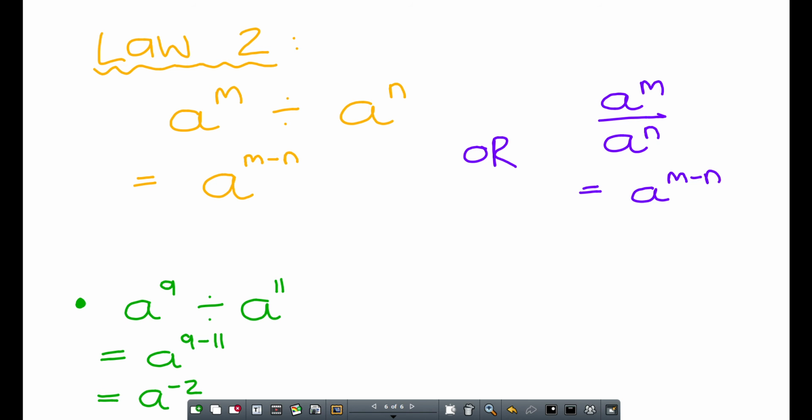You are allowed to get a negative exponent. A little later on in the chapter, I'm going to show you how to make a negative exponent a positive again. The exponent is the negative. Any other questions here?